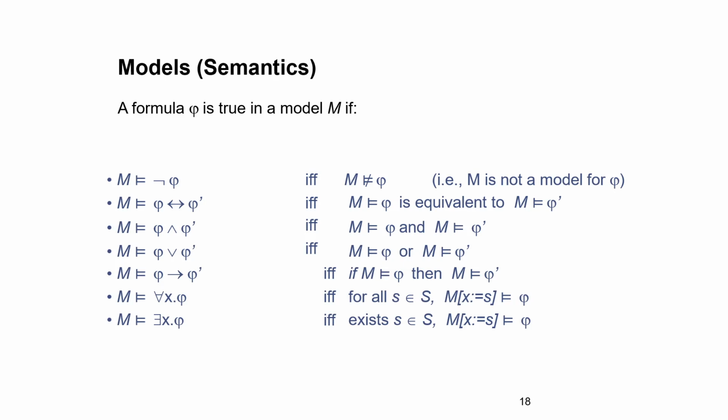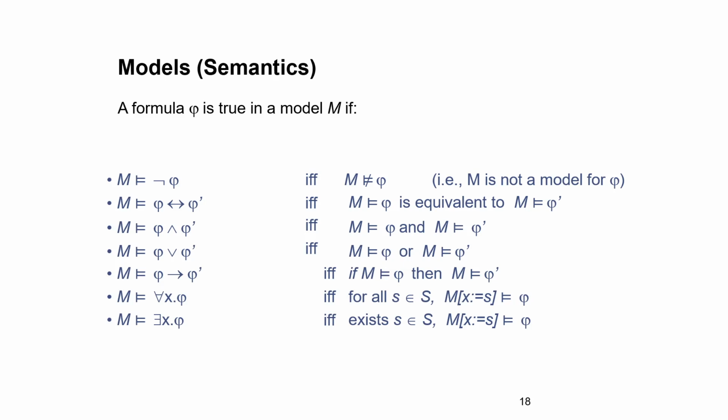The tricky bit is then the quantification. That's the new part. For all x, this formula should hold. This means we have to take the model and replace the occurrence of x by some specific value, and we have to do this for all the values from the domain.